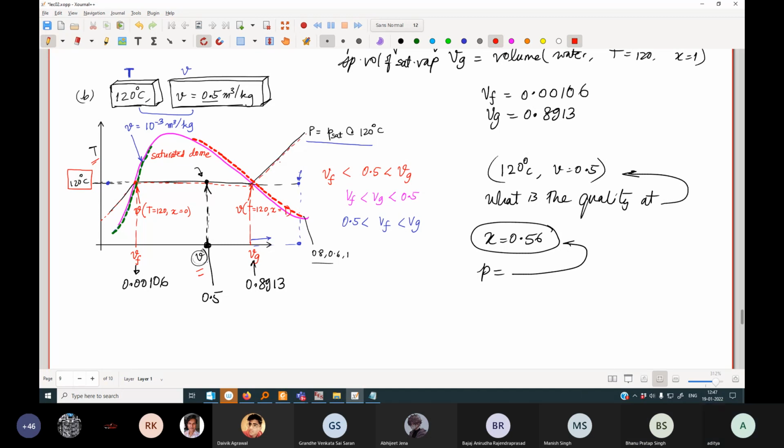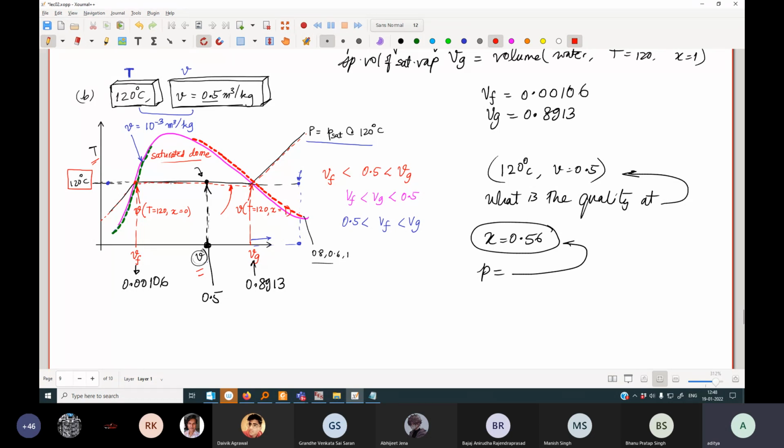Very good. So when the isobar has become flat inside this saturated dome, a flat isobar also coincides with a horizontal line, and the horizontal line corresponds to an isotherm as well. This much you accept with me?